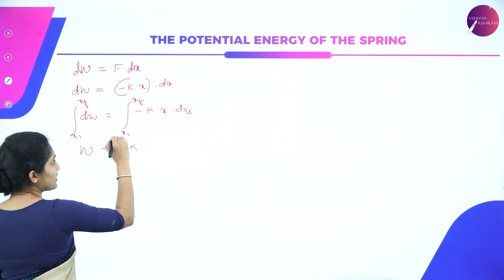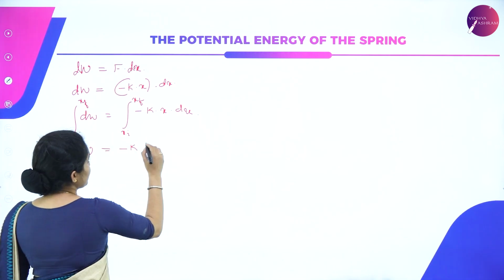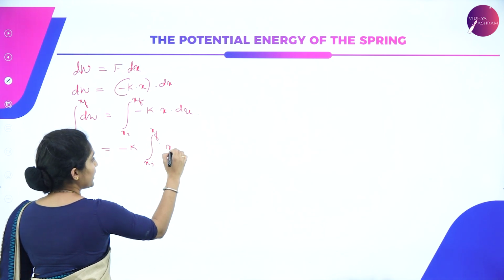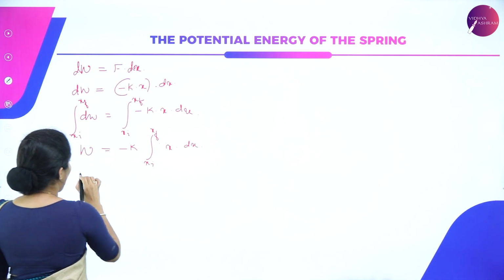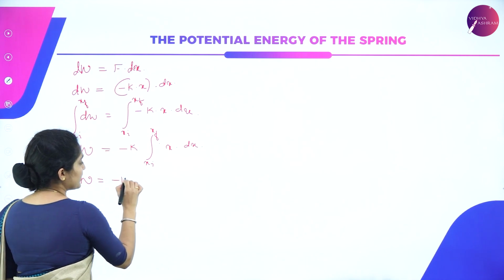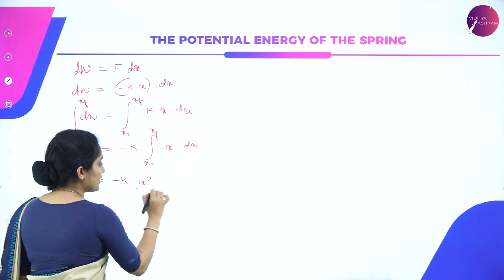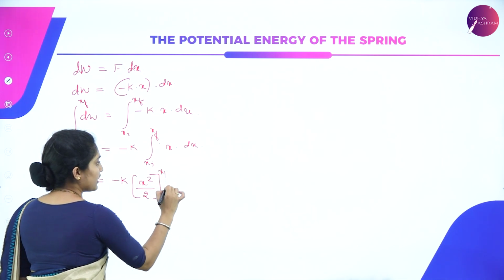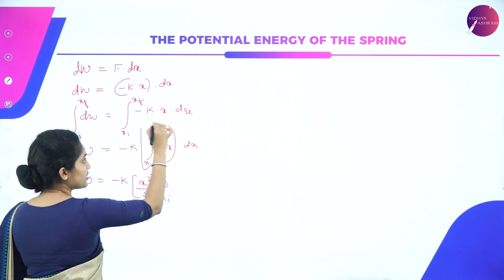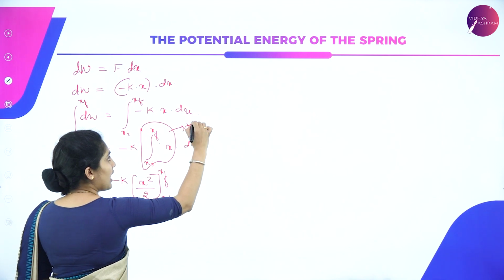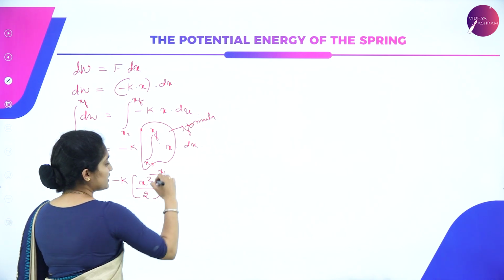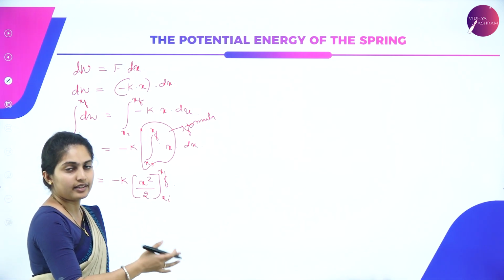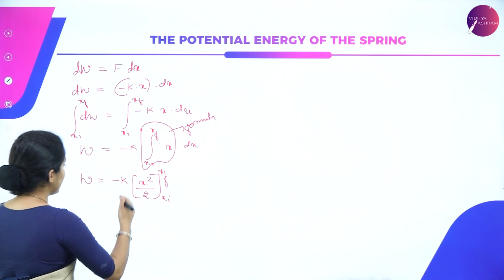Since minus k is a constant term, we take it outside. So we have the integration from xi to xf of x dx. On integrating this, we have minus k x square divided by 2, from xi to xf. This is with respect to a formula, we just apply the formula. And then we have this equation, and with dx, an integration constant arises there.